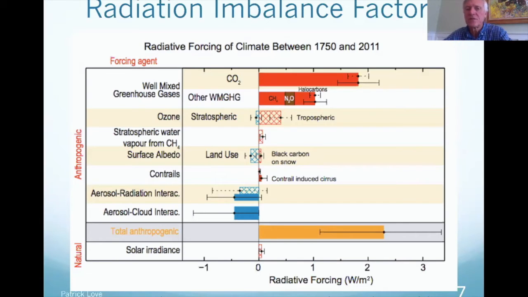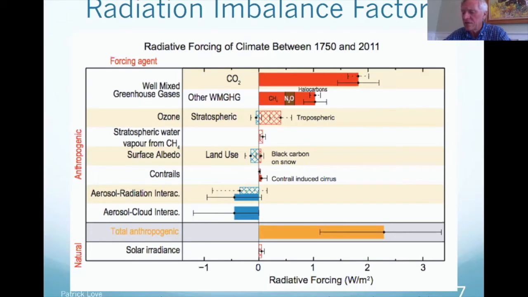We're saying if CO2 creates that much imbalance at the top of the atmosphere, and ozone does this much, and land use cools this much, and aerosols cool this much, we can just add up those watts per square meter at the top of the atmosphere. It's a simplified assumption that they add up linearly and they're not dependent on each other, right? And we know that's approximate, but it gives us a very good feel for what's going on.